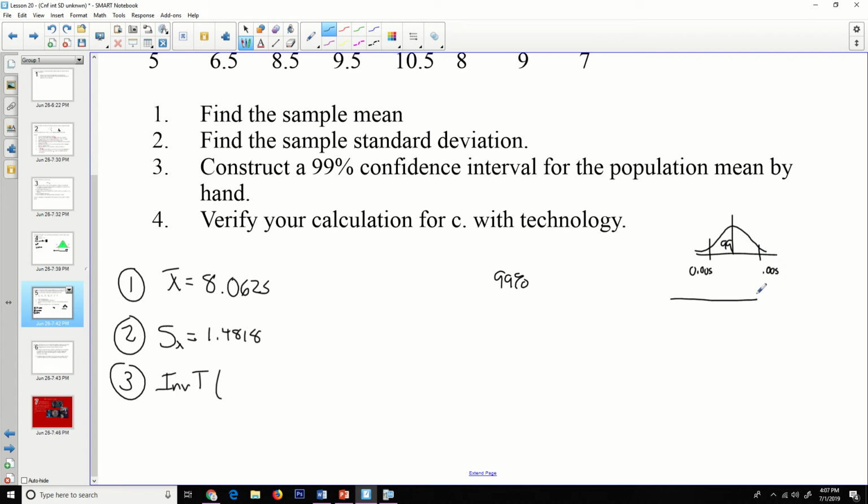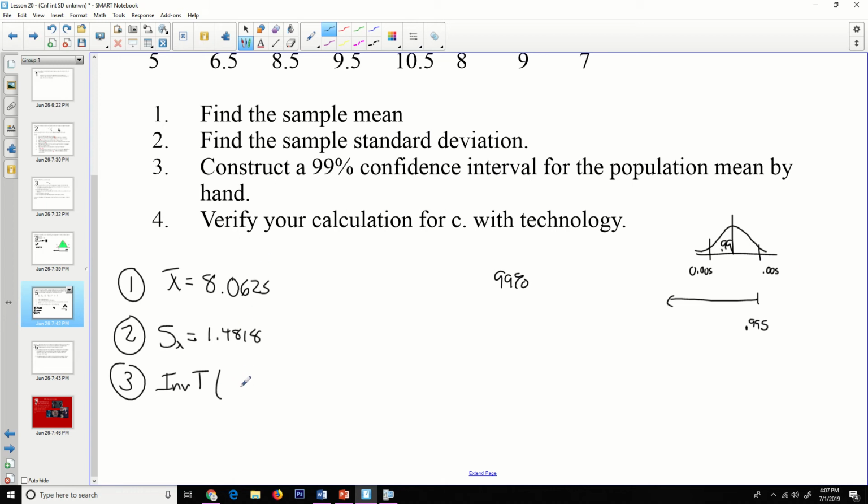I'm sorry, I don't want to use 99 because it's 99%. So 0.99 is the area underneath between those two lines, and so from negative infinity to here it's going to be 0.995, and so that leaves that 0.5% up there.